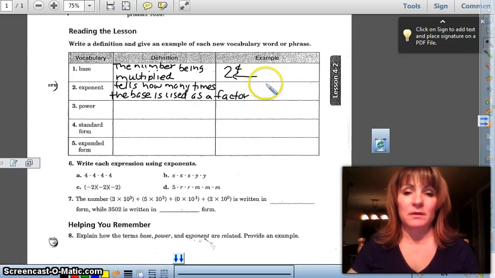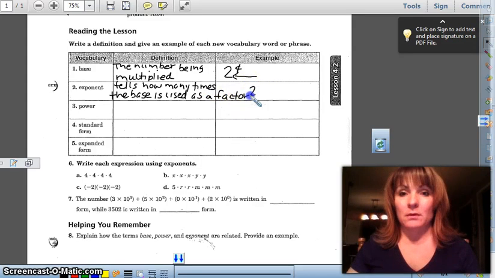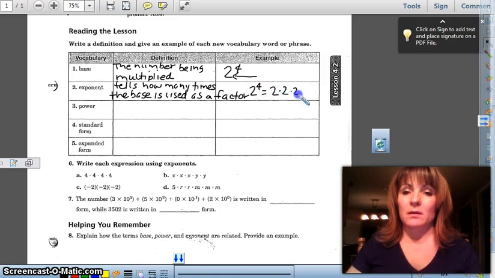All right, not the most legible, but you can pause if you need to and catch up on your writing. All right, so 2 to the 4th power means that the 2 is being used as a factor 4 times. Not 2 times 4, but 2 times 2 times 2 times 2. All right, all of that is review.